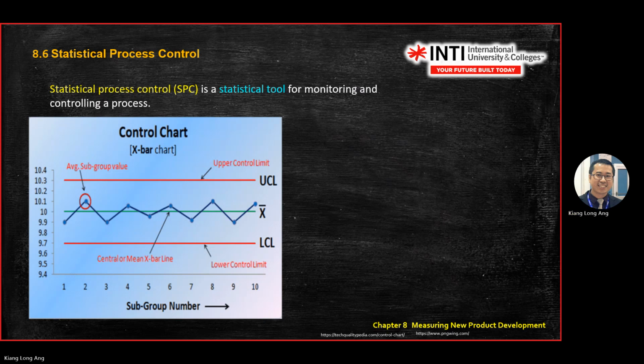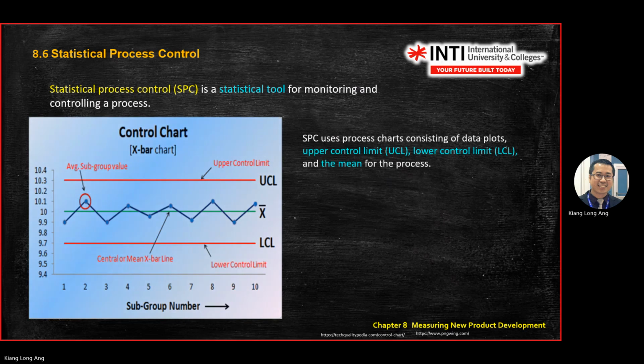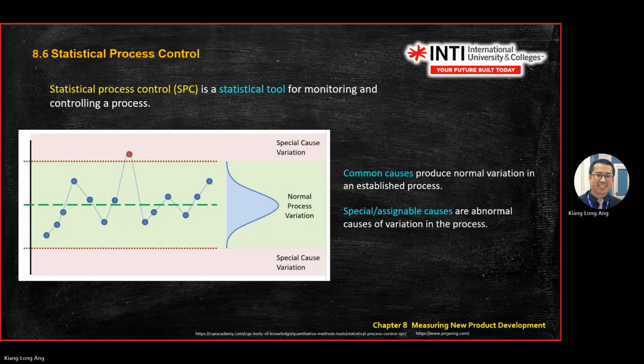Okay, you can do a P chart, C chart, mean chart, range chart. So again, it's just a revision. Actually, the UCL and LCL are from the normal statistical chart. Okay.